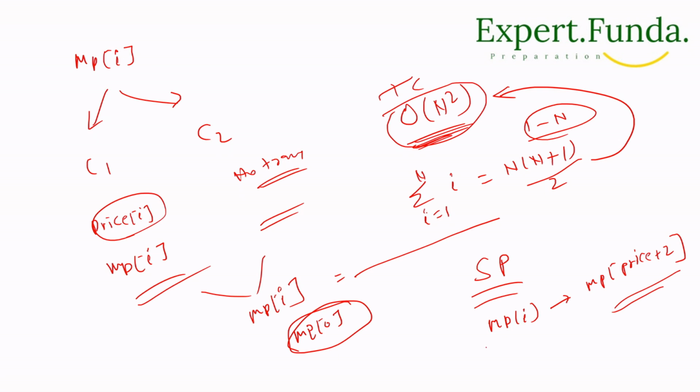So whatever the price length we have, plus 2, will be our length, and so the space complexity is O of n. Let's now see the program and implementation.